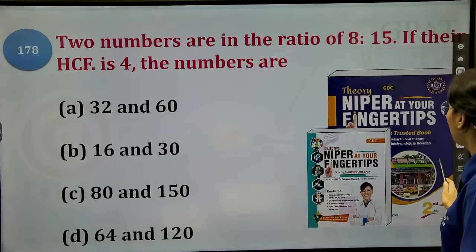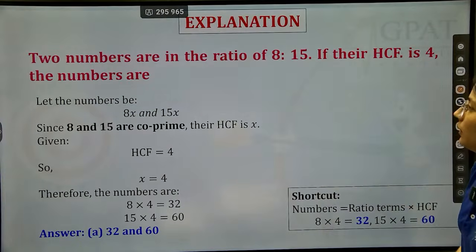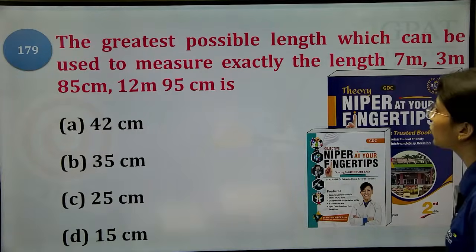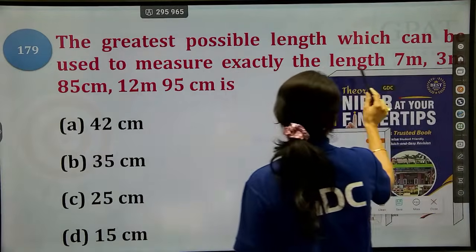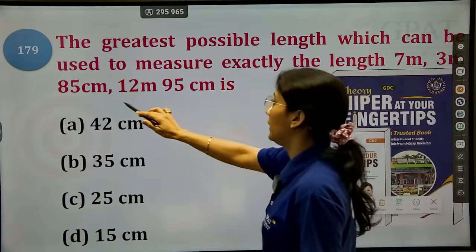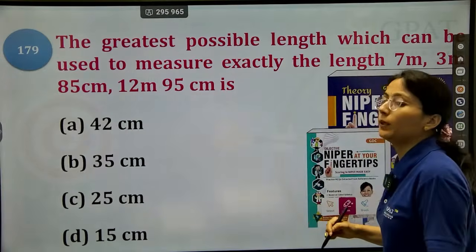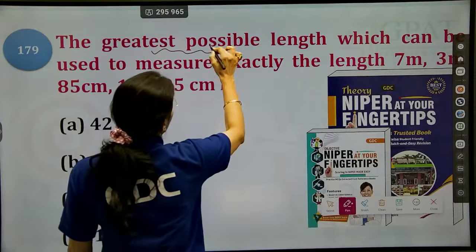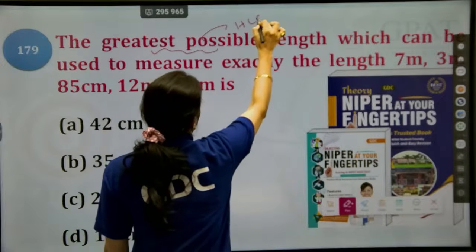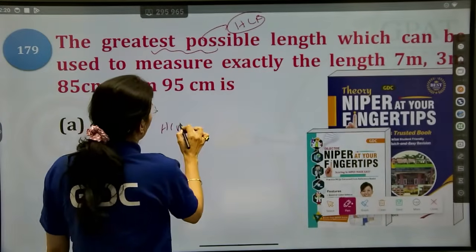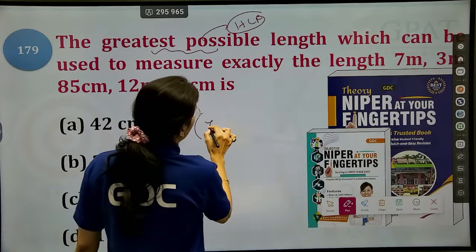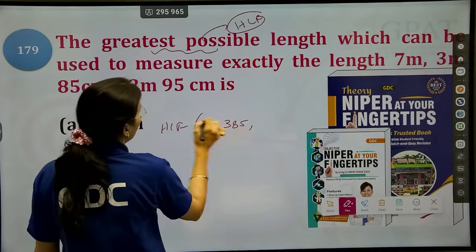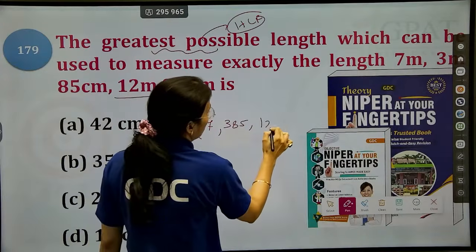Now move to the next, 179. In question 179, the greatest possible length which can be used to measure exactly the lengths 7 meter, 3 meter 85 centimeter, 12 meter 95 centimeter is what? In greatest, we have to find HCF. So HCF of 7 meter, 3 meter 85 centimeter, that is 385, and 12 meter 95 centimeter, that is 1295.